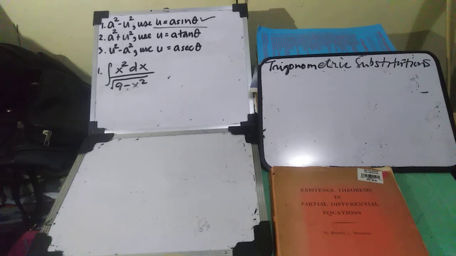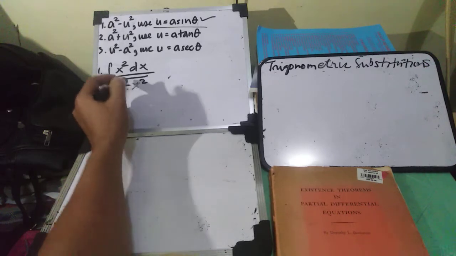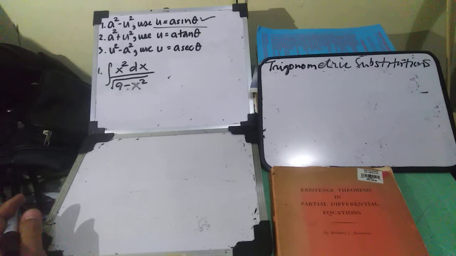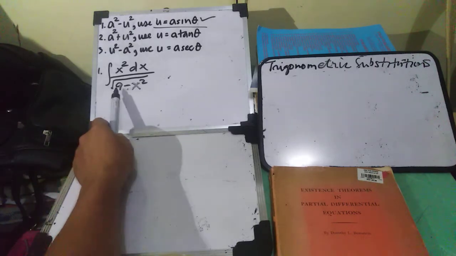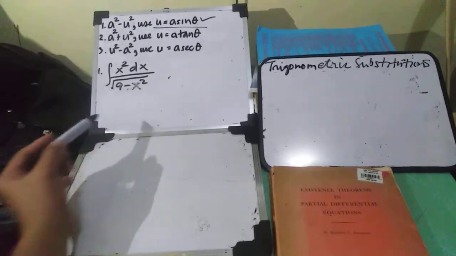Now, let us consider the first example: integral of x squared dx all over the square root of 9 minus x squared. As you can see, the denominator has 9 minus x squared, which is the same as the form of condition 1, a squared minus u squared.